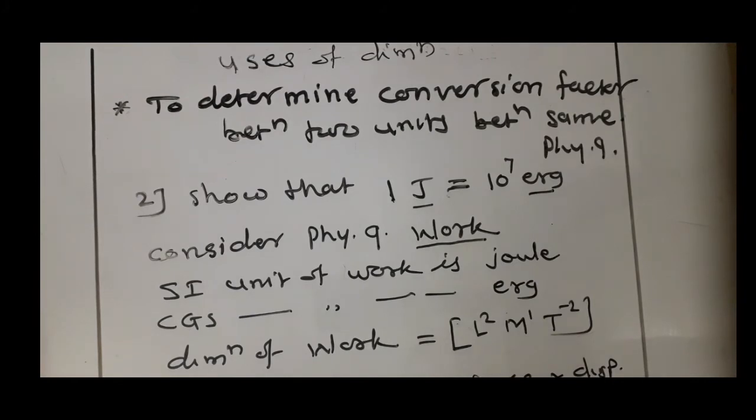Force is mass into acceleration, and acceleration is L by T², and displacement is L. From this we can write L into L² ... then M¹, and T⁻². So this is the dimension of work.